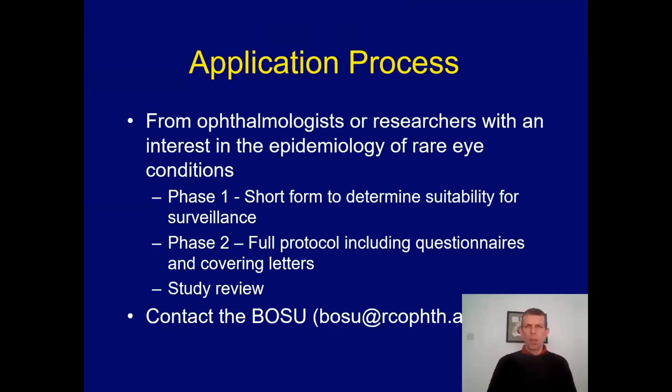The phase 1 form is available on the college website, although in reality the best bet is to actually contact the BOSU unit directly, either by email or by phone, to discuss any study before embarking on a phase 1.